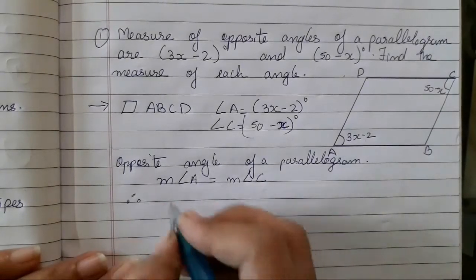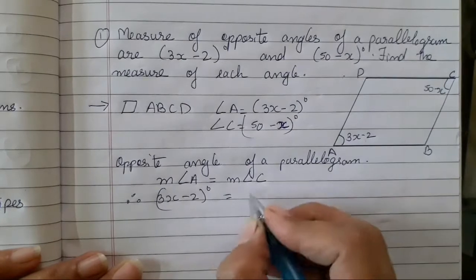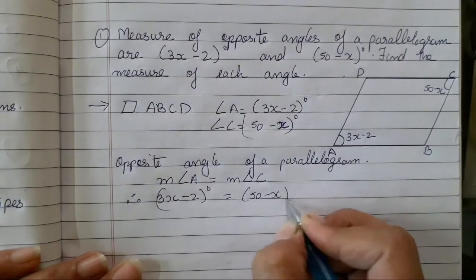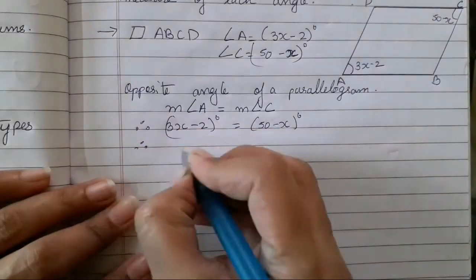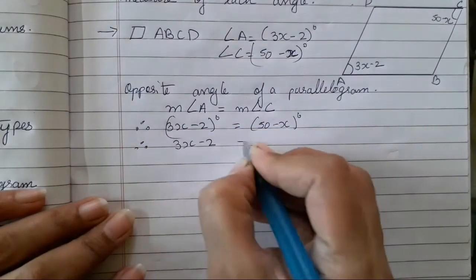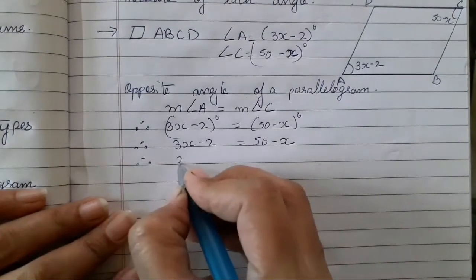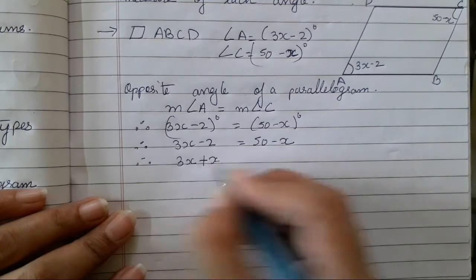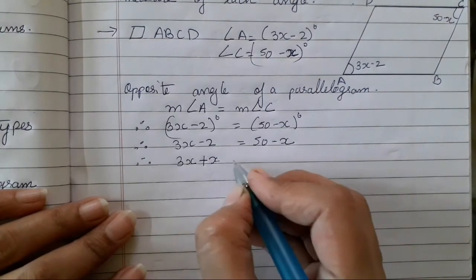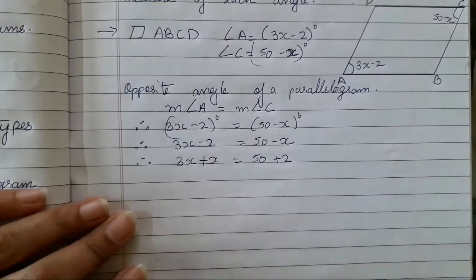Therefore, what is measure of angle A? 3x minus 2 degrees and C is 50 minus x degrees. Okay, now first we will remove the bracket. 3x minus 2 is equal to 50 minus x. Then we will take the like terms to one side. 3x plus x, since minus x will change to plus x, and 50 plus 2, since minus 2 will change to plus 2.